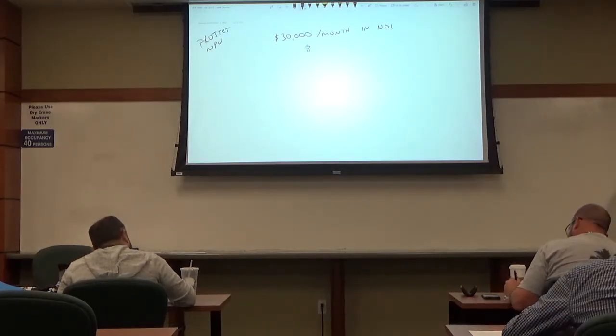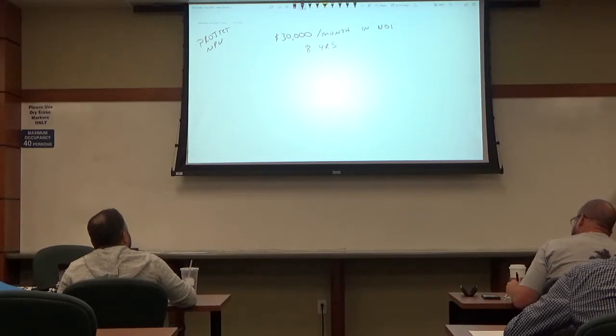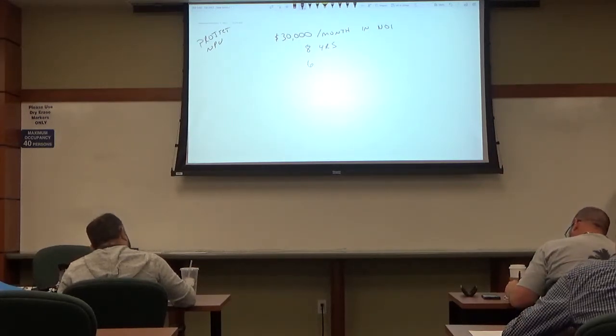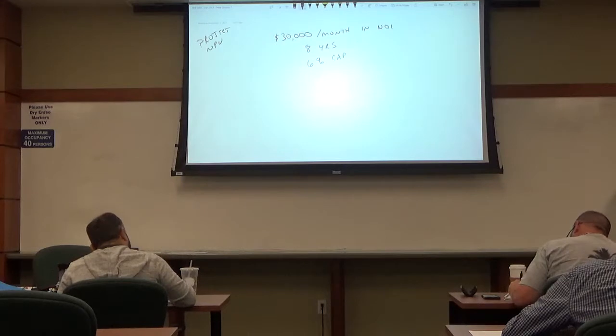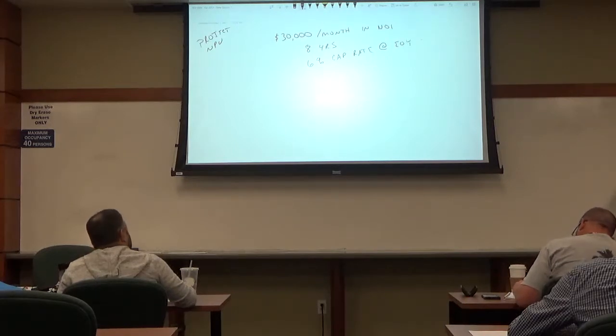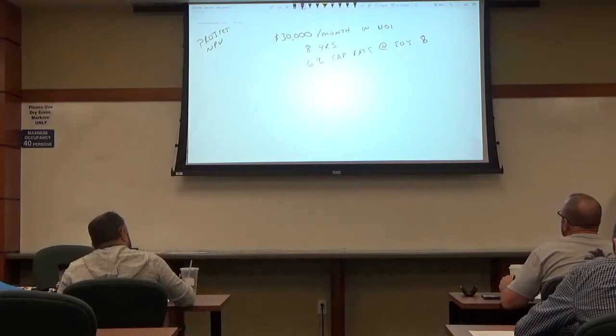All right. What sort of a cap rate are we going to sell it at? 6%. 6% cap rate at the end of year 8. All right, and what sort of a discount rate are we going to use on the cash flows?